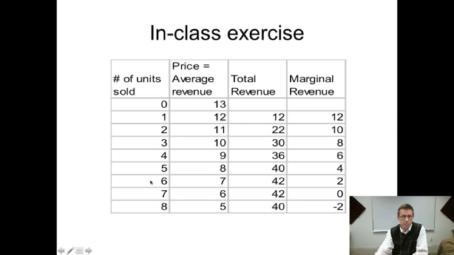Maybe it's 0, maybe it's some number between 1 and 6. We could almost certainly say it's not 7 or 8. Because the 7th unit, you get no extra revenue. The 8th unit, you lose revenue. So we would know that it's likely either 0, 1, 2, 3, 4, 5, or 6. And that will depend on the cost structure.